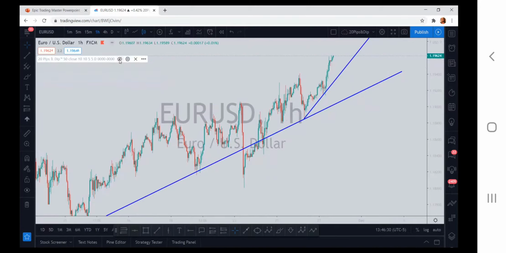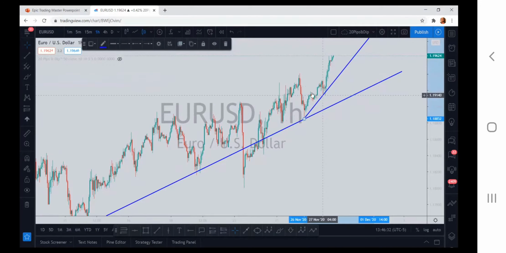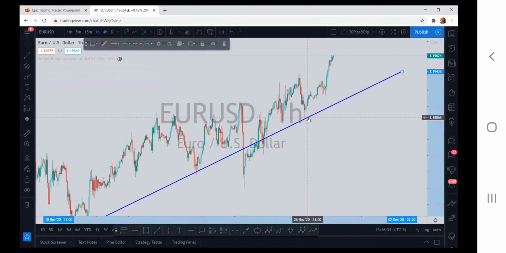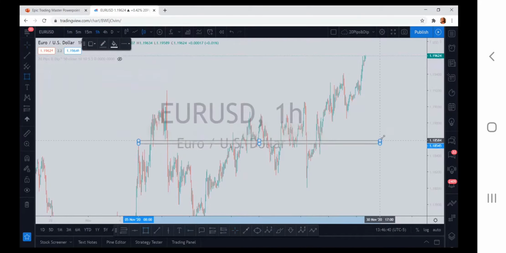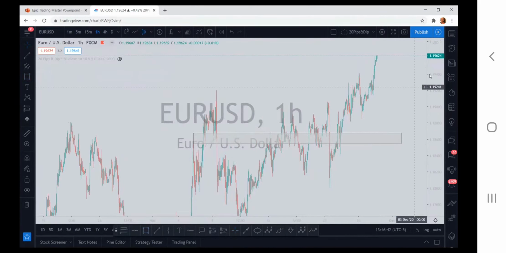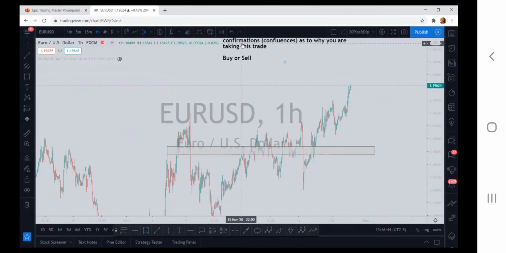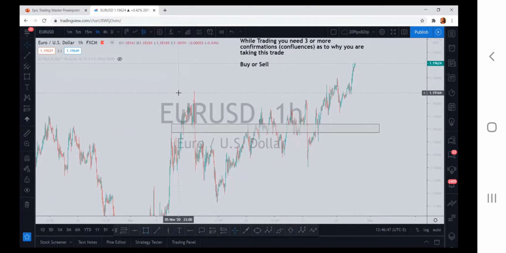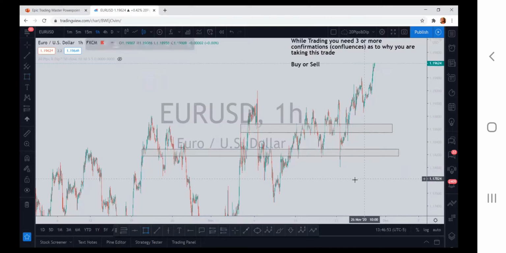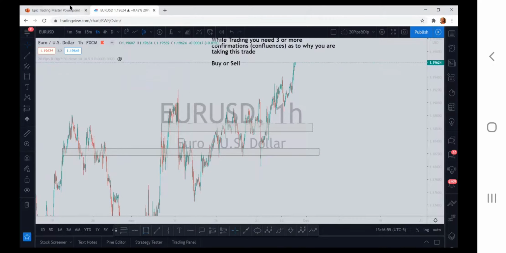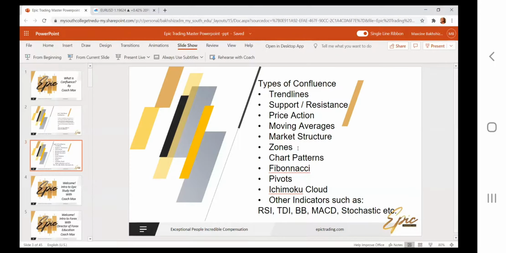Now, when doing a multiple time frame analysis, okay, some of you all may use zones. Okay. So as you're watching the training from different traders, zones may be one of your areas of confluence.